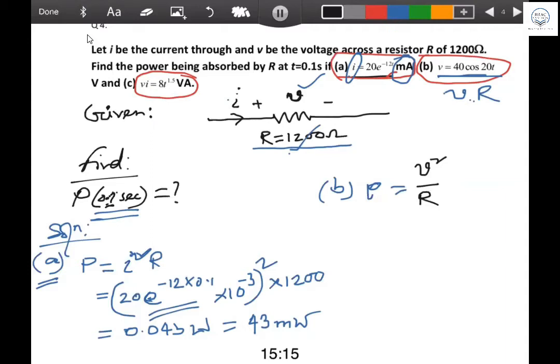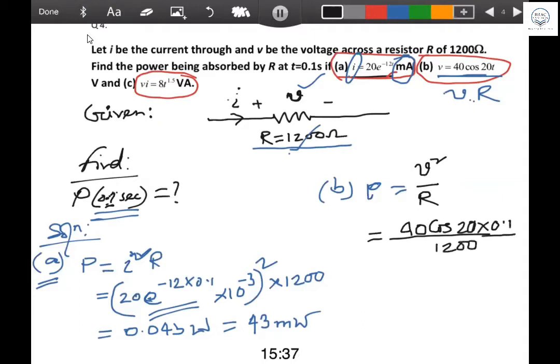Good. Now, if you go for V squared by R, you can easily write it like this: 40 into cos of 20 into t, where t is 0.1, and R is 1200.